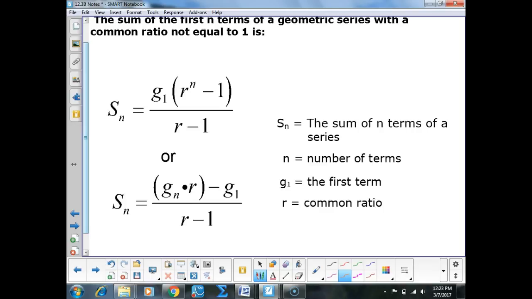N, number of terms, those are the same. G sub 1 is the first term in our geometric series. And R is our common ratio.